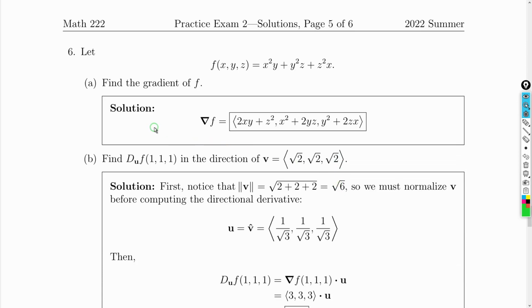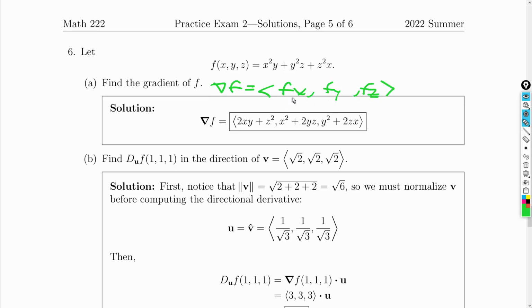Okay, let's see. So I think there's a second last question. For number 6, we have this function f of x, y, and z, and we're asked to find the gradient. So the gradient is just the collection of partial derivatives. So you are computing df, which is equal to f sub x, f sub y, and f sub z.